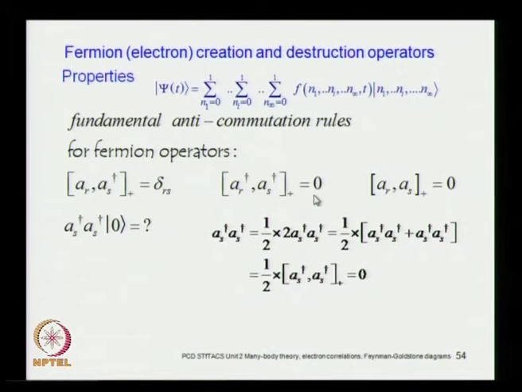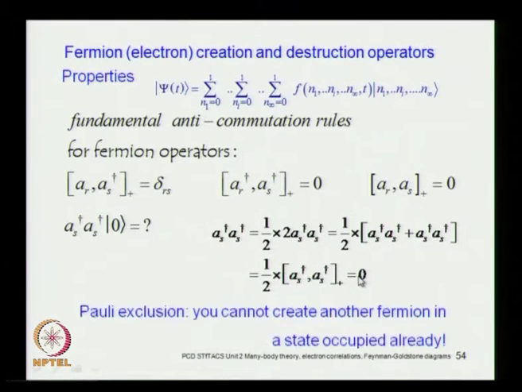That goes to 0, and it goes to 0 not from your previous knowledge of the Pauli exclusion principle, but from the anti-commutation property of the creation operators. All the statistical information is now contained in the anti-commutation relation. Using this property you find that these two operators, when operated in succession, give you 0, which means that you cannot create a fermion in a Fermi state which is already occupied. This is the Pauli exclusion principle.